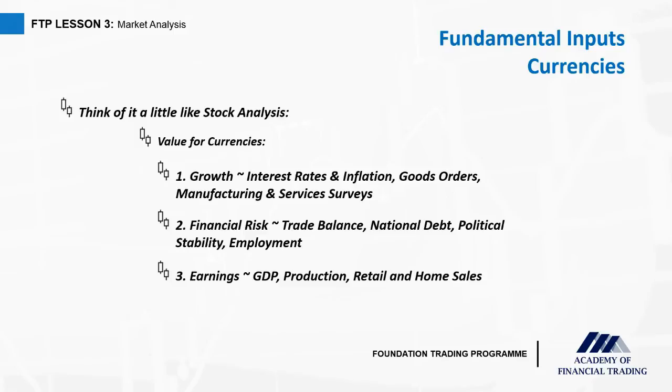And then in addition to financial risks, we've also got earnings. That can also affect the value of currencies. So we're talking about your GDP figures, your gross domestic product figures, your production, your retail and your home sales. So believe it or not, it's actually easier and much more straightforward to fundamentally analyze stocks than it is to fundamentally analyze a whole currency.